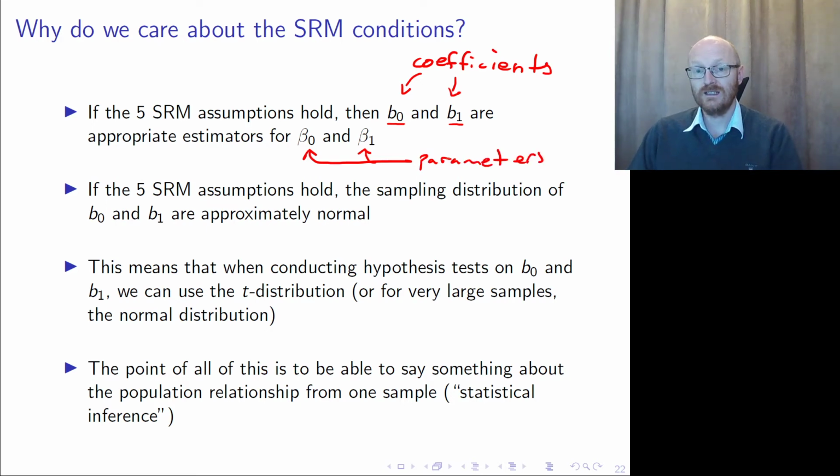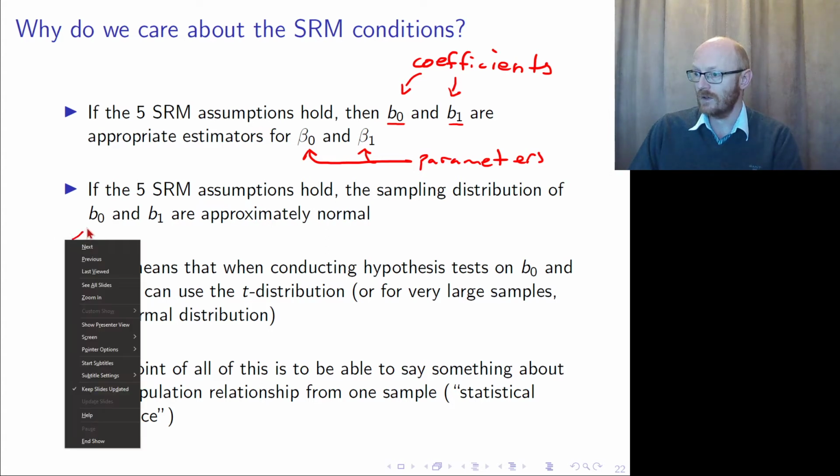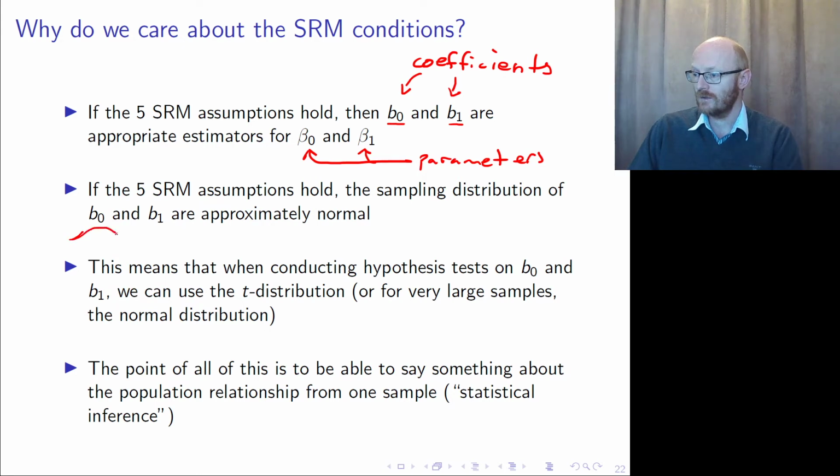Which means that you can use the information you get from B0 and B1, the coefficients, to say something about the population parameters, which you can't observe. And if all of these assumptions hold, then the sampling distribution of B0 and B1 are approximately normal.